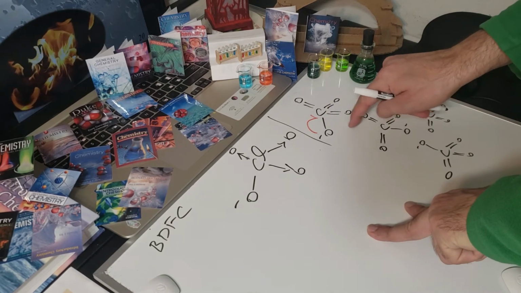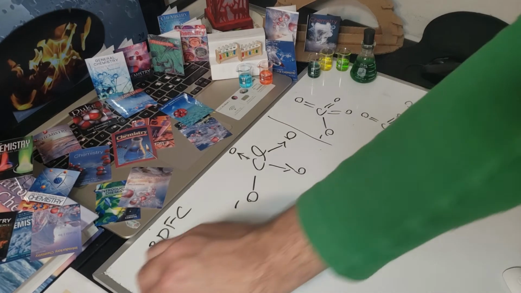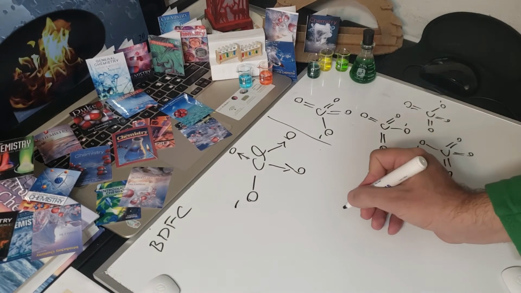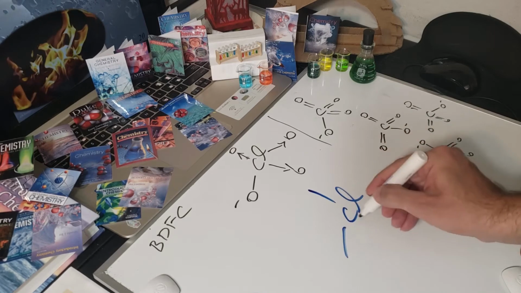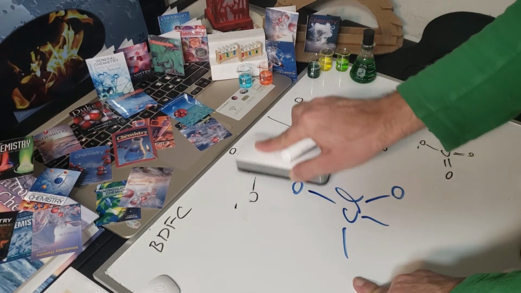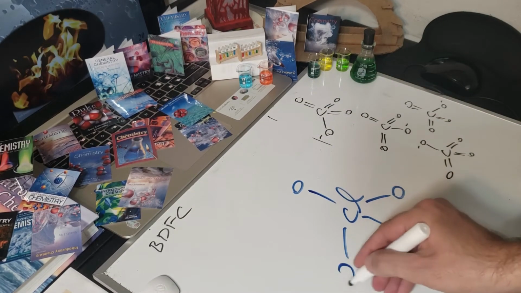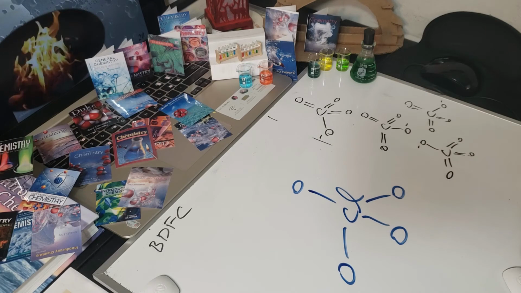If I just get rid of those, I could now do the hybrid resonance for the four resonance forms that I have. Let's get rid of this structure on the top to make more space for myself. Make sure you guys can all see it.